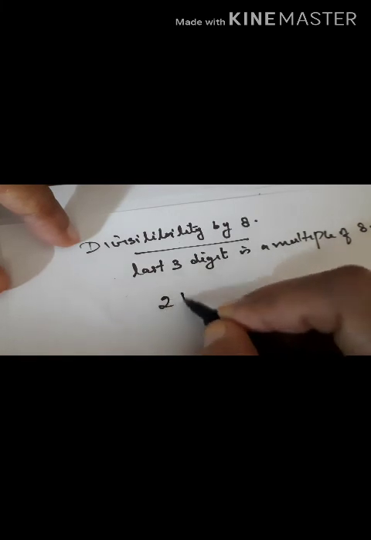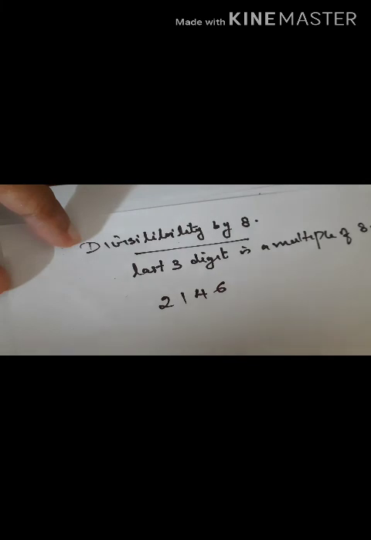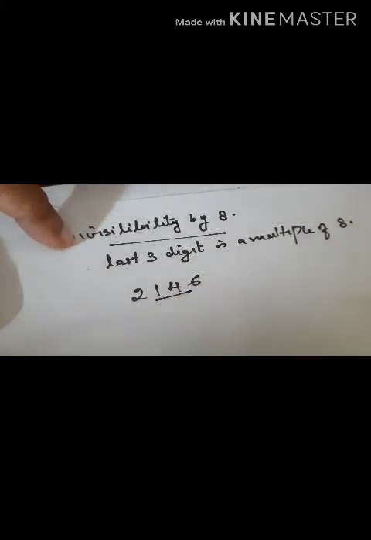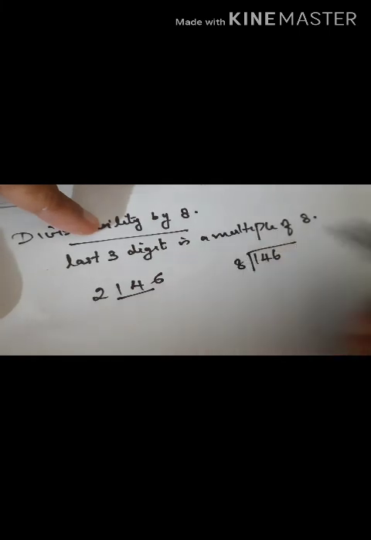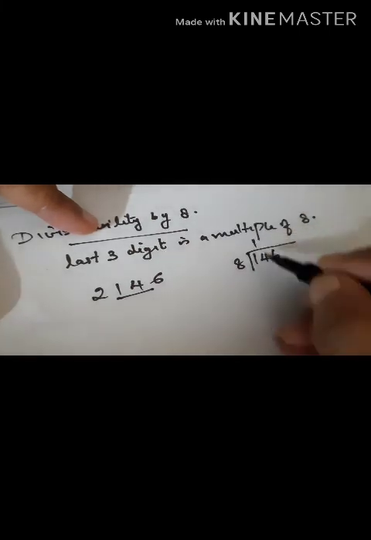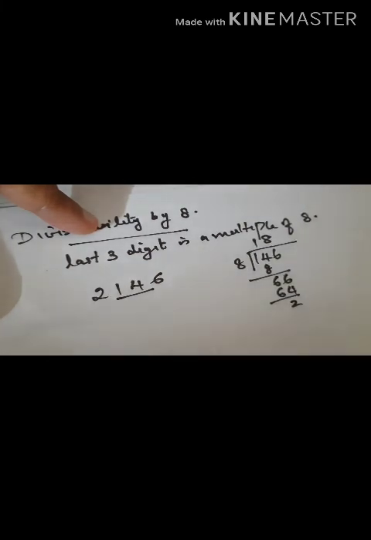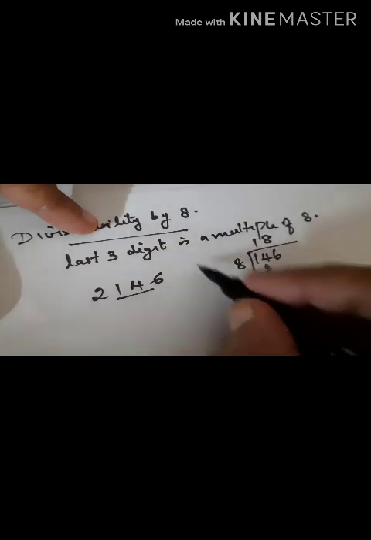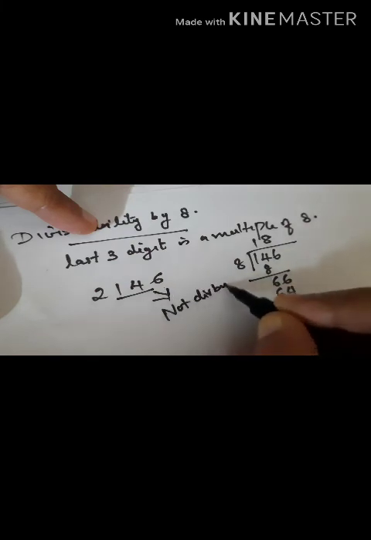See 2, 1, 4, 6. Here what you have to do is take the last 3 digits, 146, isn't it? Divide it by 8. 146 divided by 8. What is that? 1 time 8, then 6, 66, 8, 64, remainder 2. If the remainder is 0 only, it is completely divisible. So here this is not divisible by 8.